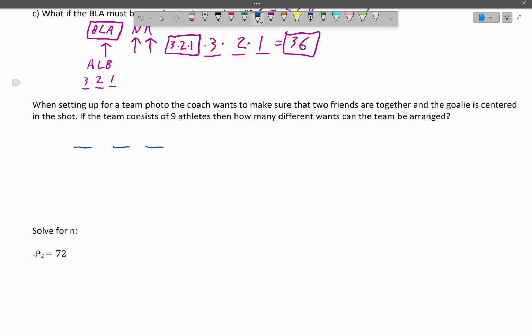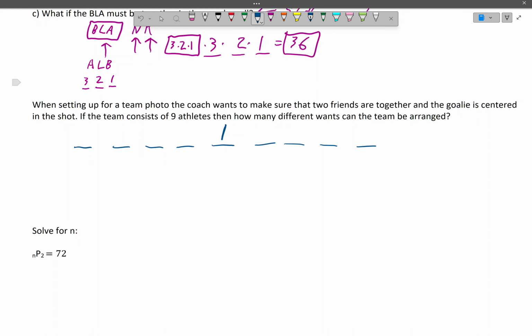So I recommend this one would be a good question just for fundamental counting principle with the goalie in the middle. Now, the goalie has to be in the middle, so that one's locked in. So now how many athletes do we have to choose from? 8. But 2 of the friends must be together.